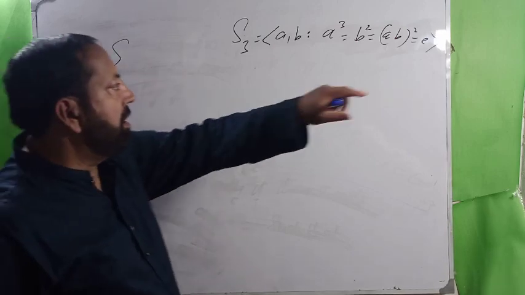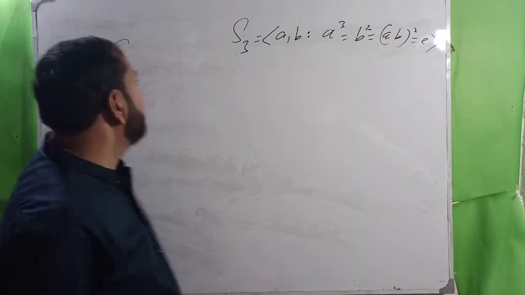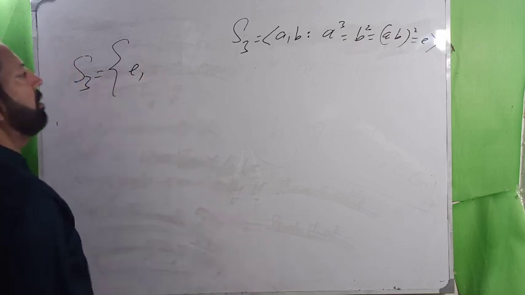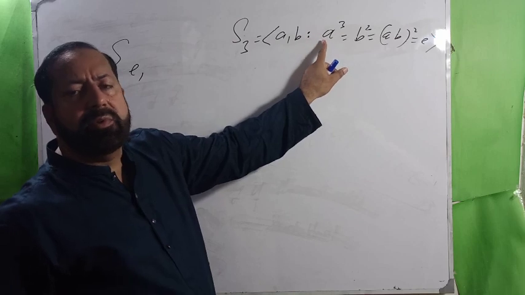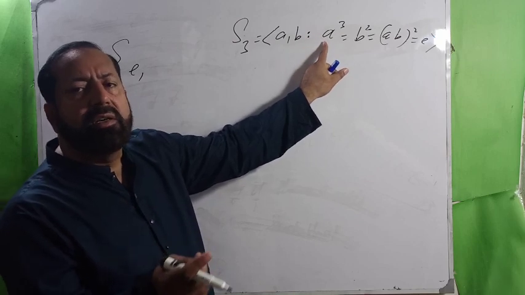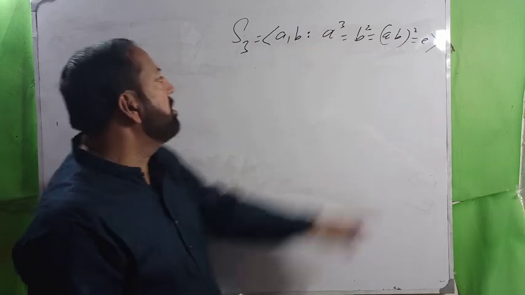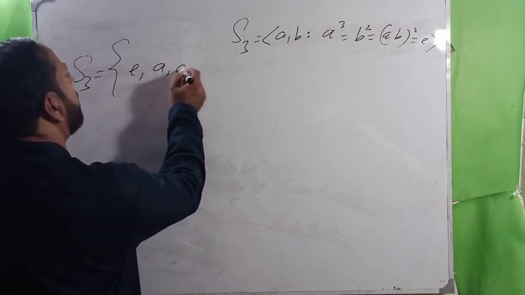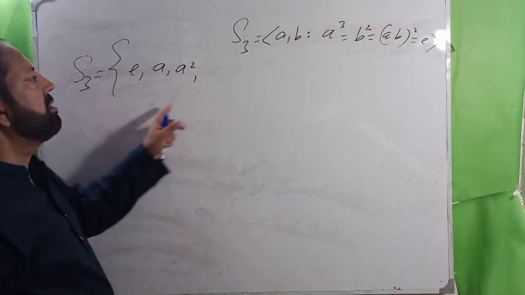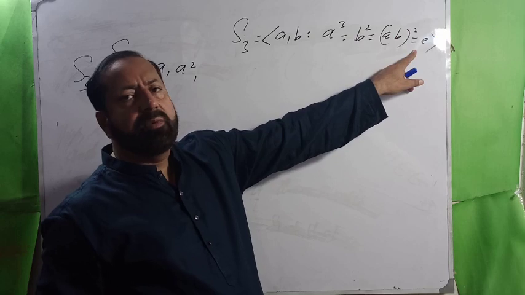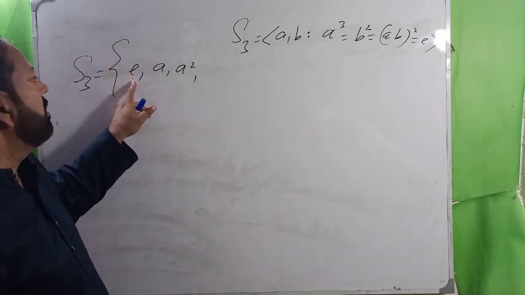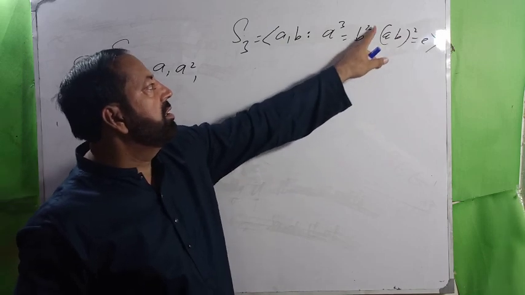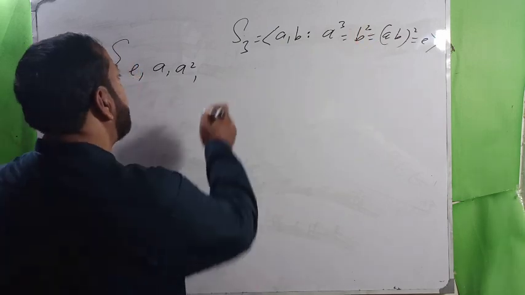Like I have told you, first write e, then starting from a, write a, then a square, and of course a cube is equal to e, so you will not write a cube because we have already written e. And then write the second generator, b square, of course we can write simply b.